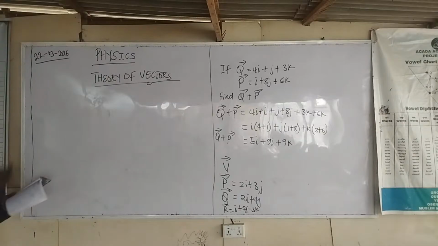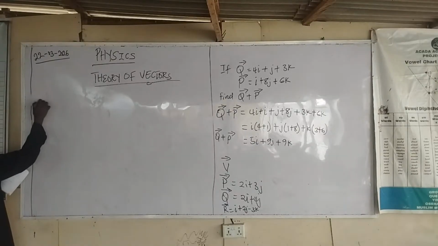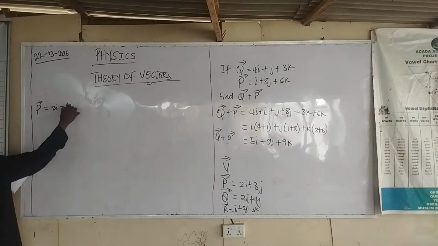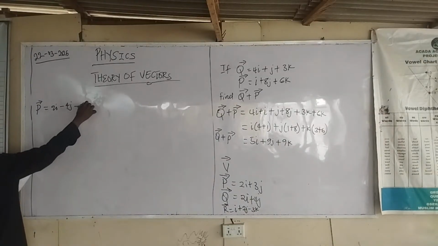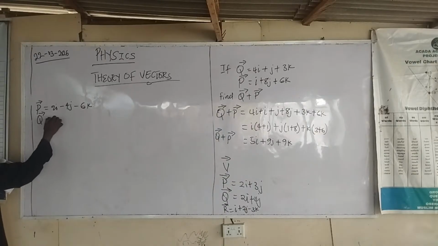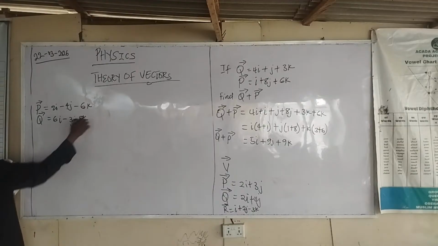Find Q minus P. Vector P equals 2I minus 4J minus 6K. Then we have vector Q equal to 6I minus 3J minus 8K.